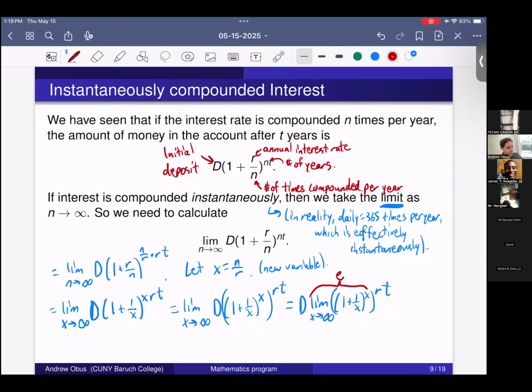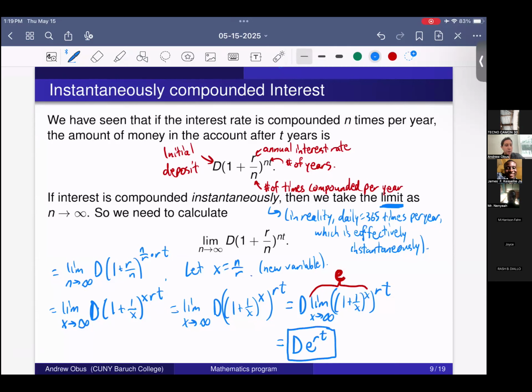This is how we define the number e. We actually showed that this worked by using L'Hopital's rule. So what happens is that this actually gets much simpler. This just becomes d times e to the rt. And that's the final formula.